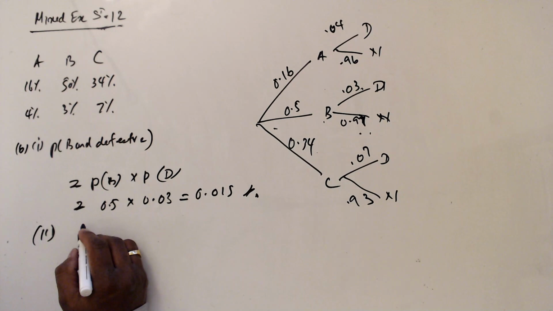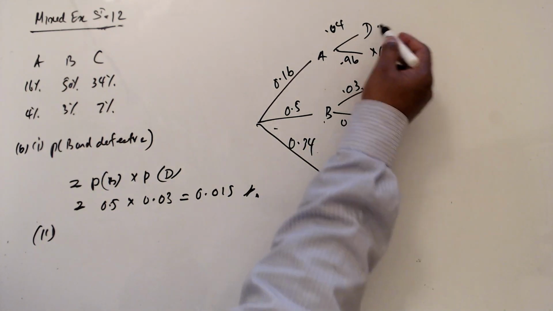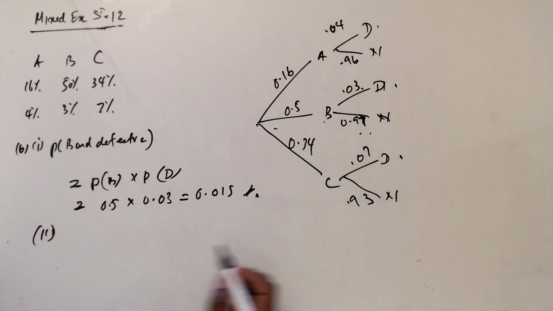And part 2, defective. So defective can come from this branch, or this branch.